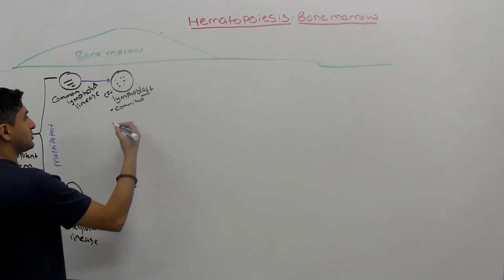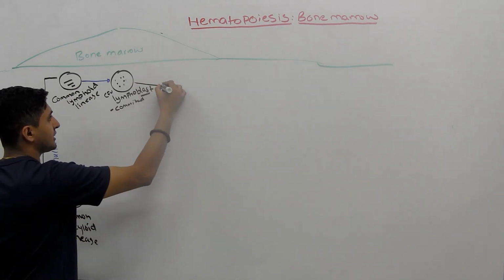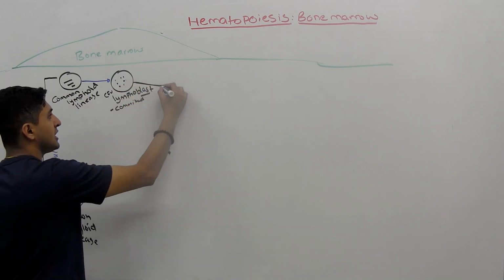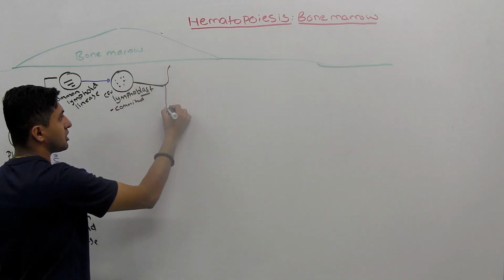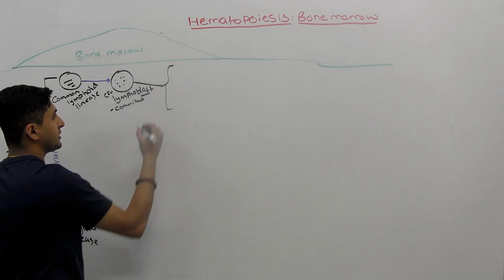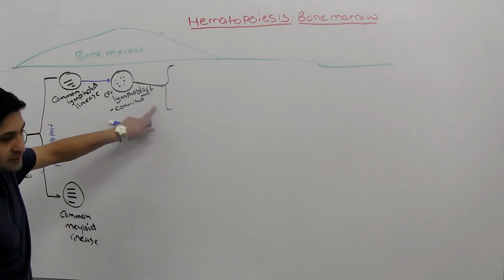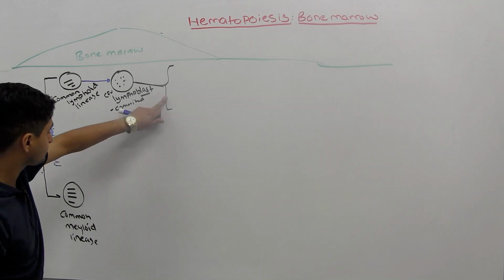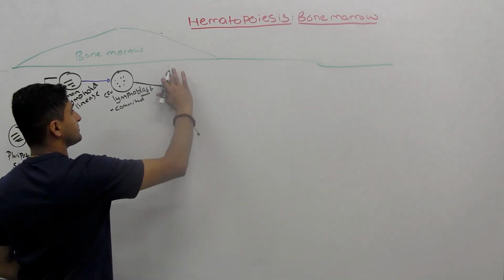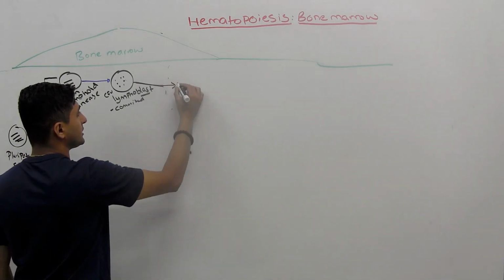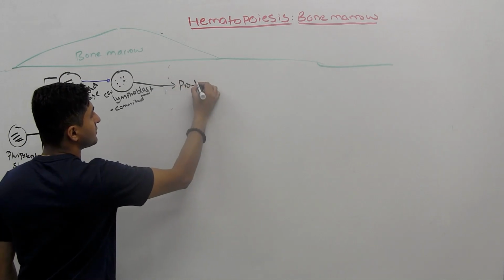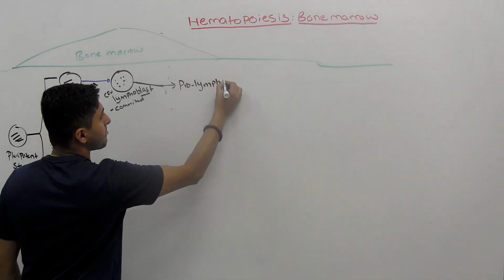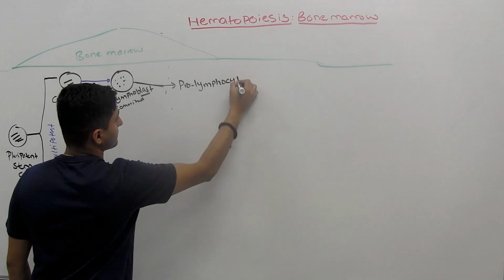Now, this lymphoblast is going to differentiate, because it maintains its whole population and divides into a couple of things. It's going to differentiate into one of the series, called lymphocyte, okay.